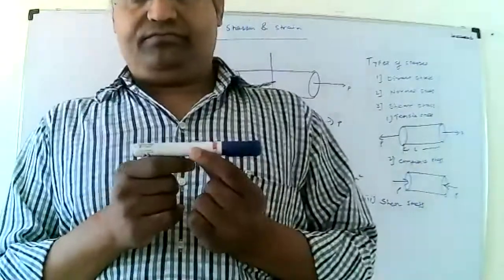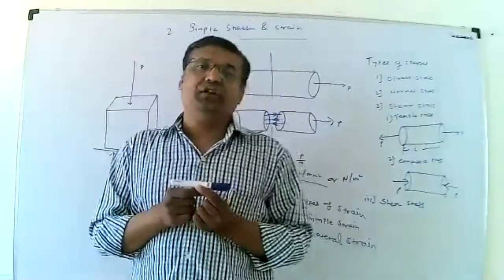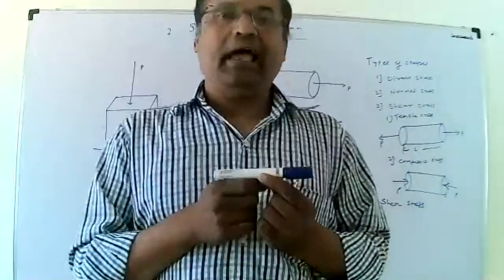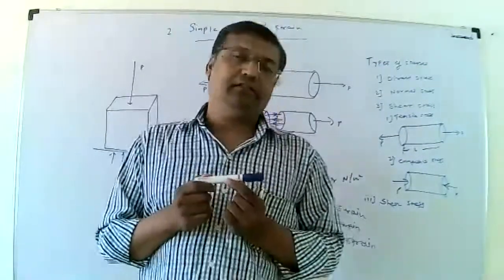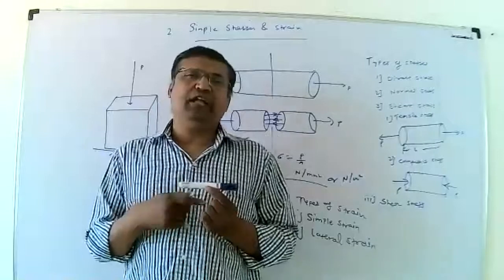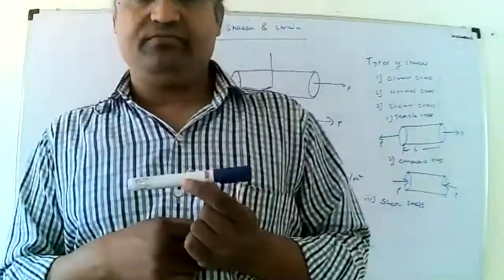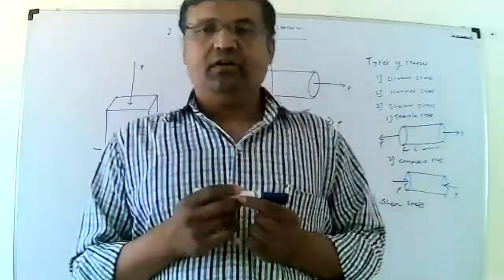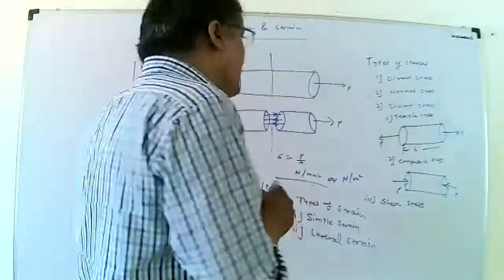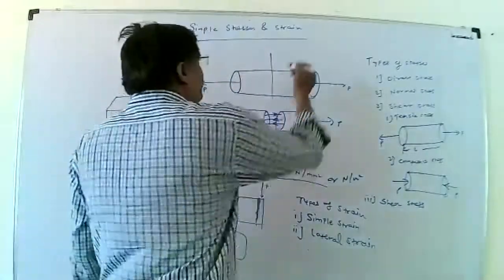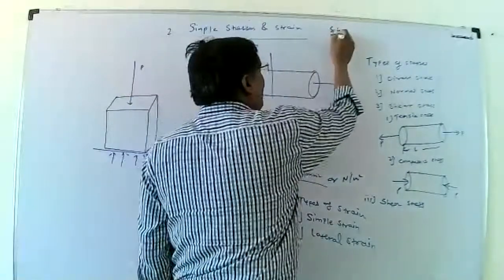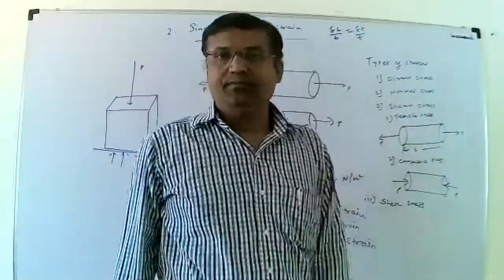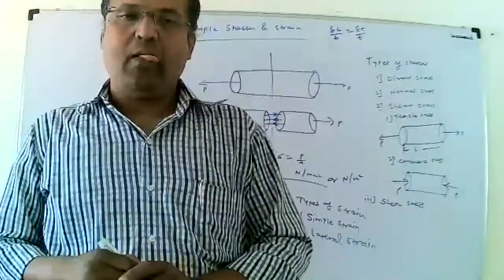If the external tensile load acts along the direction of length, the other two dimensions will also change. The change in lateral dimension, meaning the other two dimensions, is delta V upon V, that is equal to delta T upon T. The third dimension is, suppose, thickness.